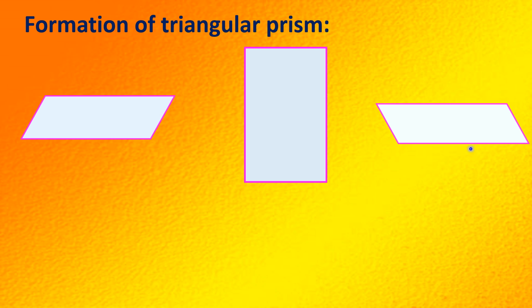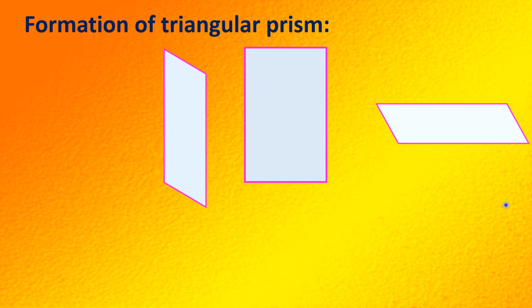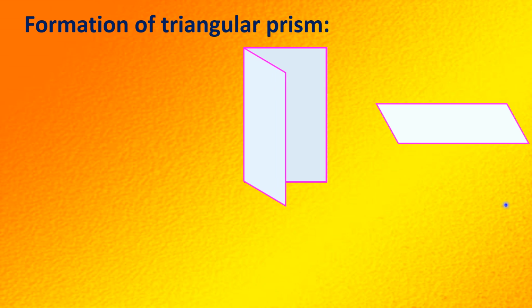This is the first plane surface I have kept like this. Then I will join one plane surface here and another plane surface here. See here how I am joining. Let us join one more rectangular plane surface to here.